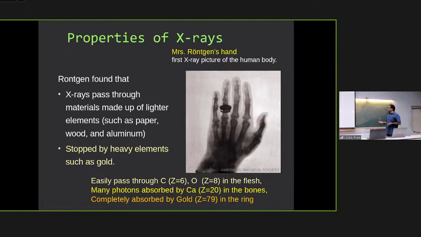For example, carbon has atomic number Z equal to 6, and oxygen has atomic number 8. So X-rays generally pass through carbon and oxygen, while X-rays are stopped by heavier elements like calcium, which has atomic number 20, and gold, of course, atomic number 79. So this is one of the very basic properties just inferred from the first X-ray image of Roentgen's wife. Okay.